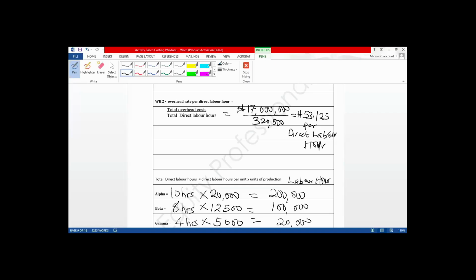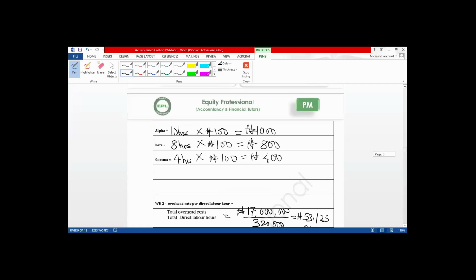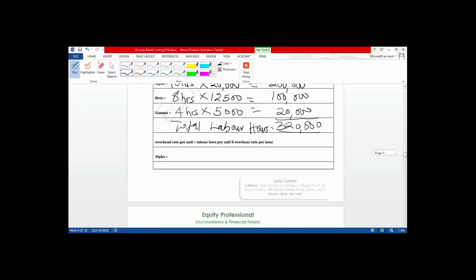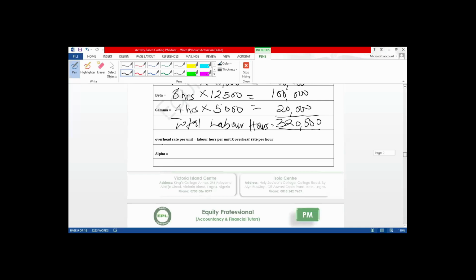You have calculated the overhead rate per labor hour. You can now calculate your overhead rate per unit. Look at it working here. Overhead rate per unit is equal to labor hours per unit multiplied by overhead rate per hour.